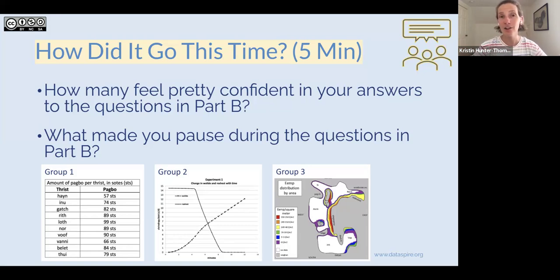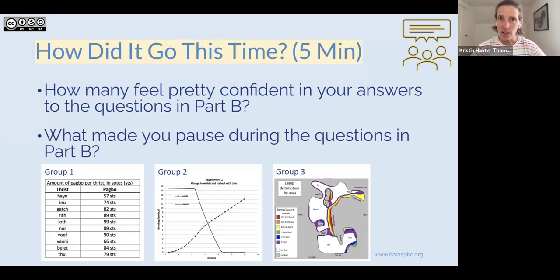But I'm going to go out on a limb and say that your confidence has decreased, that you feel less confident in your ability to answer the questions on part B than you did in part A. This is typically what comes out when we run this activity with pre-service teachers and in-service teachers. Then the conversation expands into: what made us pause when we were trying to answer the questions on part B?